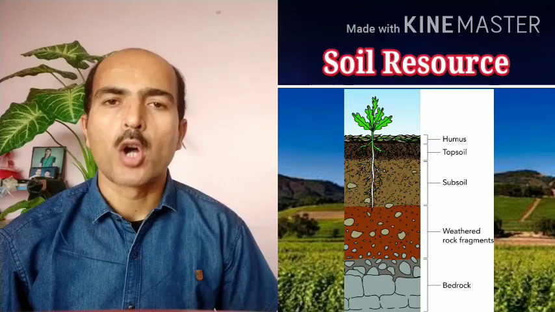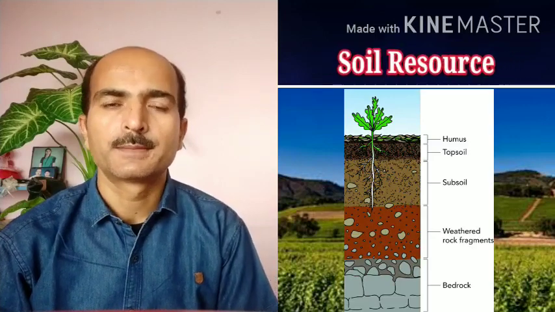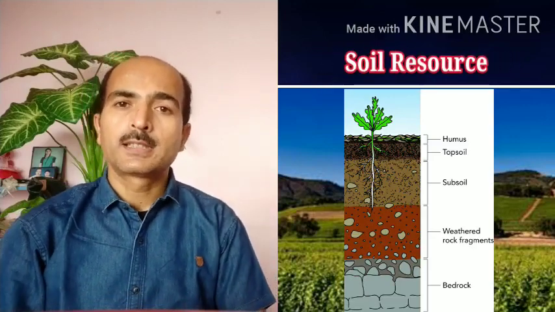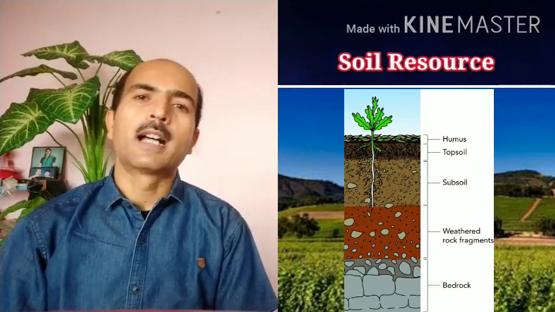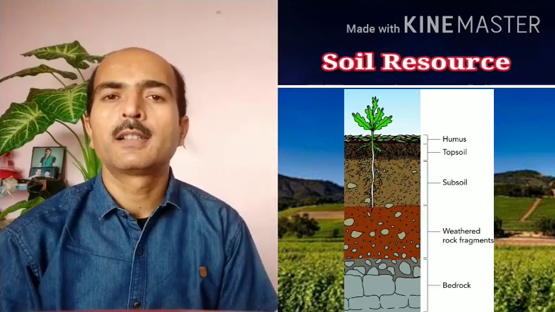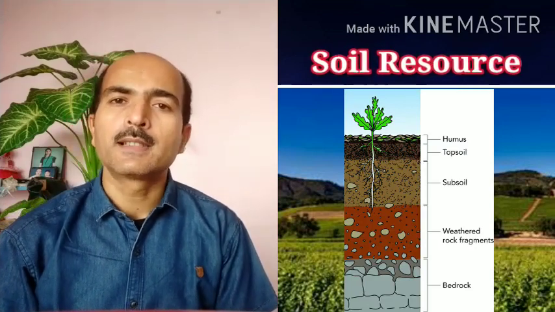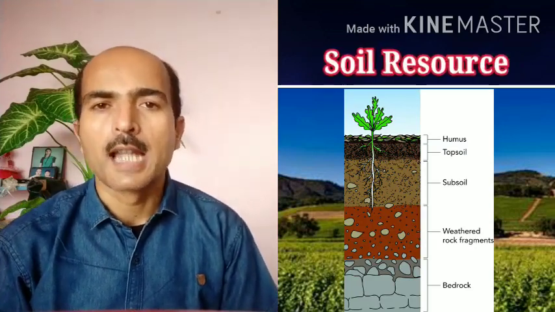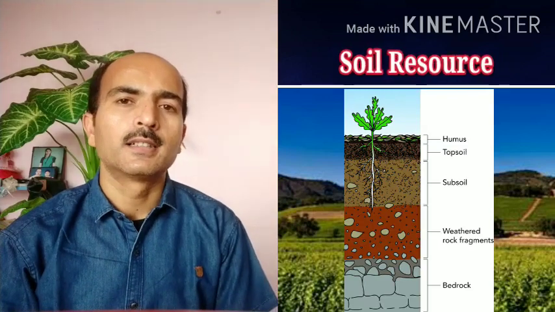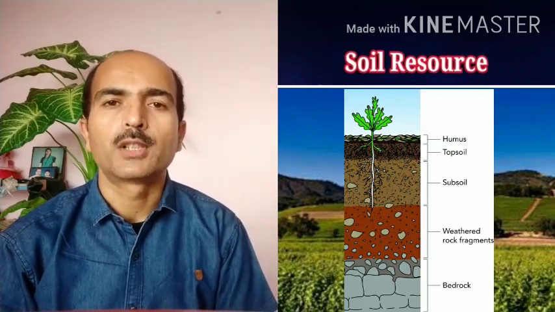It gets broken down into small pieces. The heat of the sun heats it up in the day, and at night it cools down, and this heating and cooling creates expansion and contraction of the land surface, and it results in the fragmentation of the top surface of rocks.